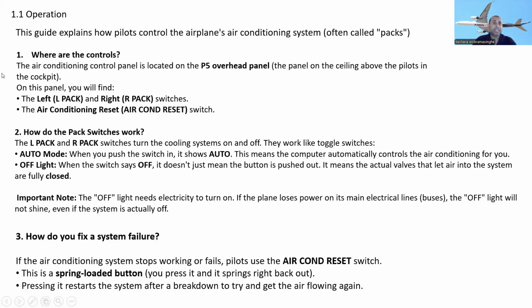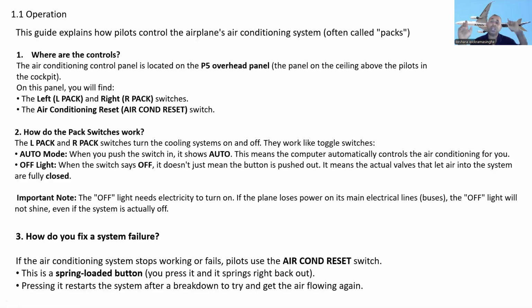The air conditioning control panel is located on the P5 overhead panel. In the cockpit there is an overhead panel, the panel on the ceiling above the pilot. On this panel you will find the left pack and the right pack switches.